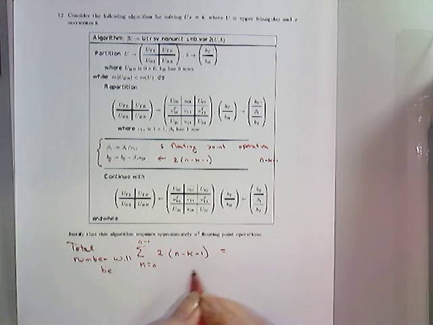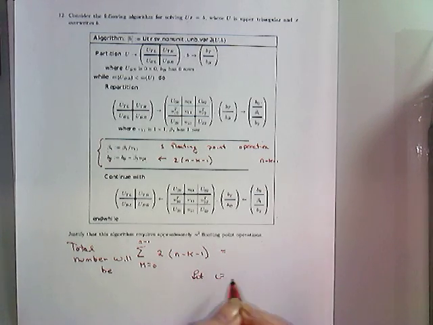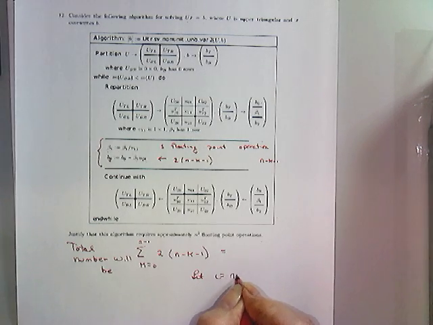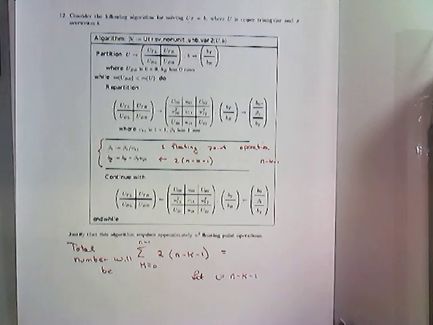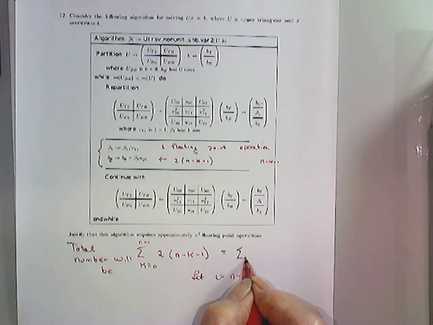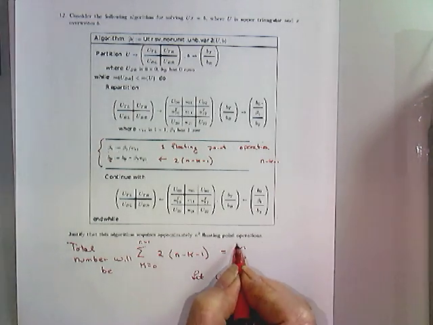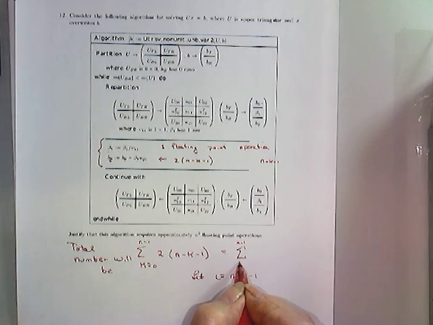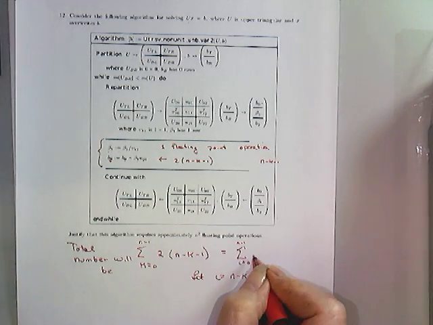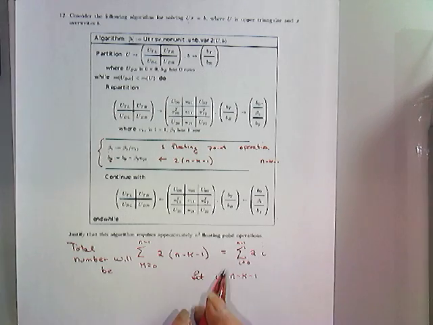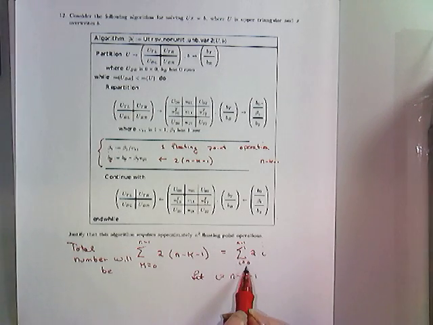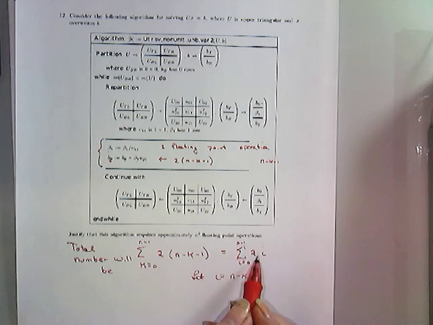What I'm going to do is a substitution. I'm going to let i be equal to n minus k minus 1, and that would mean that i ranges from n minus 1 to 0, and this sum is equivalent to the sum, i from 0 to n minus 1, of 2i.